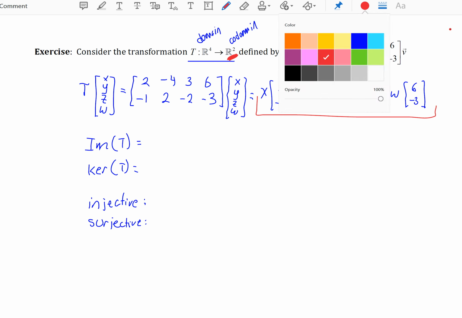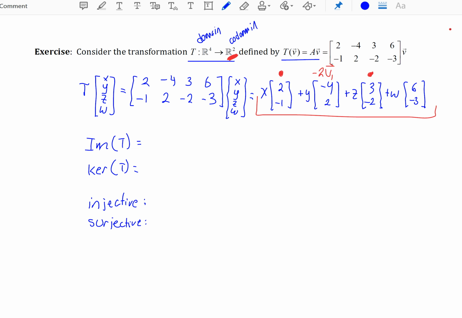That's enough for us to say that our image is all of R2, and I would like to say because the span of 2, -1 and 3, -2 is all of R2.